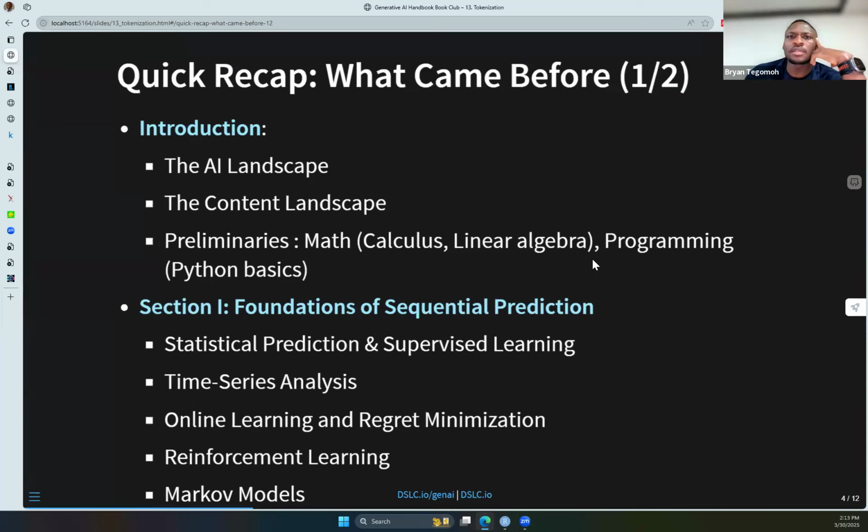Programming as well is important. Python in particular, at least basic knowledge of Python, is very foundational. But there are also others. I think C++ is becoming increasingly popular, and there's CUDA as well. CUDA is not a programming language.